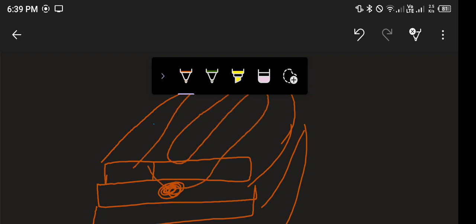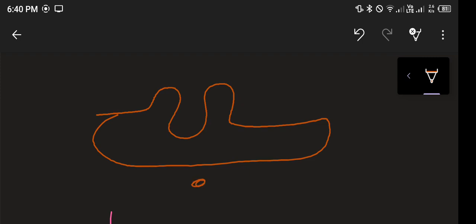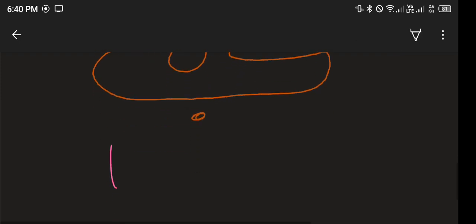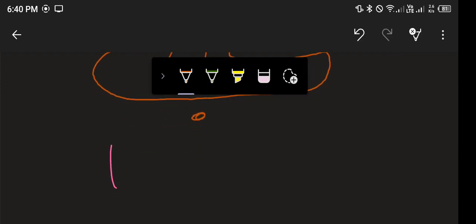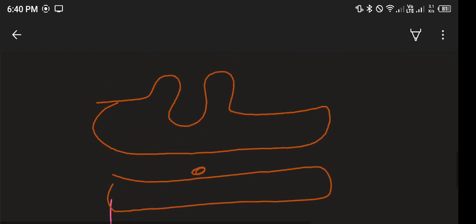When these neural folds are formed, the cut section will appear like this: the neural folds are formed in the overlying ectoderm, and below that we have the mesoderm, and below the mesoderm we have the endodermal layer. So the only change that has occurred in this phase is that the neural folds have formed.